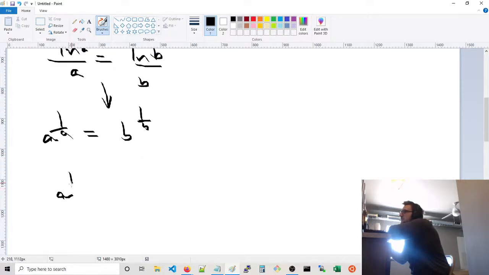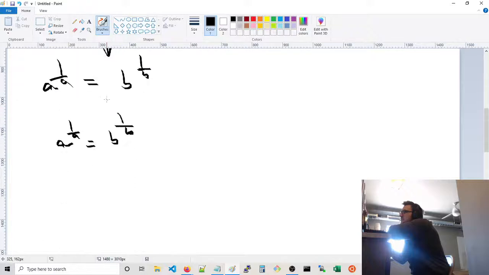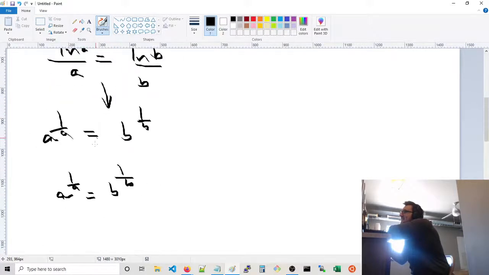So A raised to 1 over A equals B raised to 1 over B. I don't know how this helps us, though. I don't know what this really does for us. Like, okay.